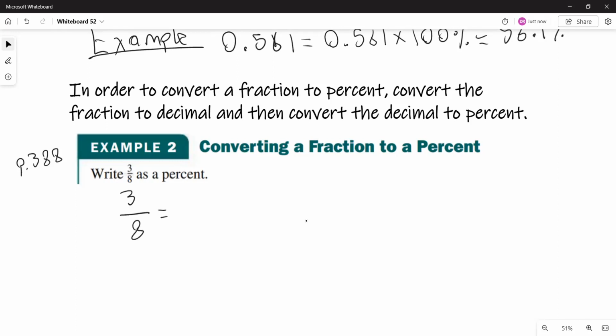First, convert the fraction to a decimal. So 3/8 as a decimal is 0.375. And as a percent, move the decimal point 2 places to the right and insert the percent symbol. And that's it.